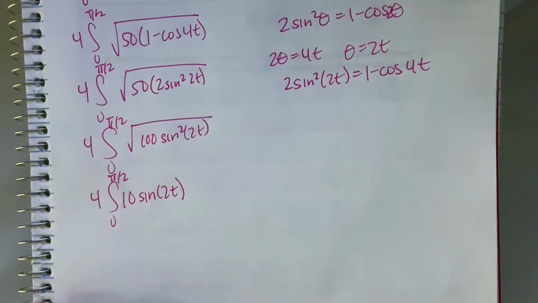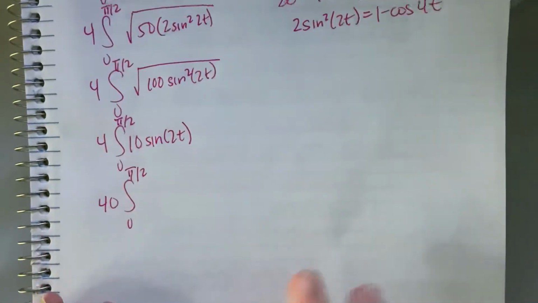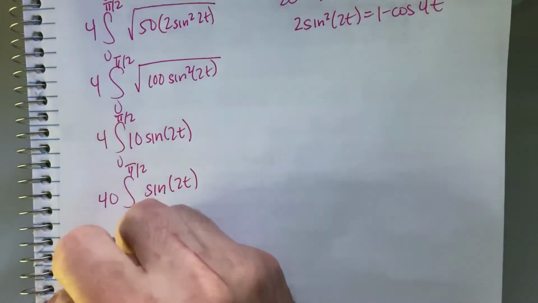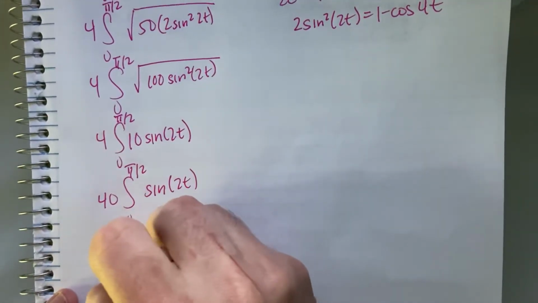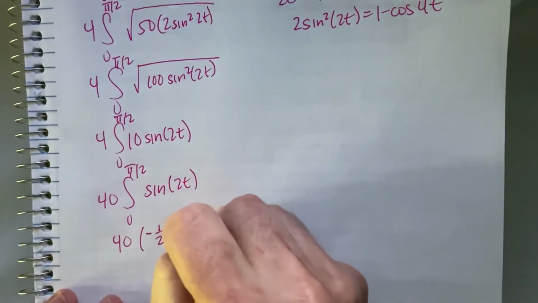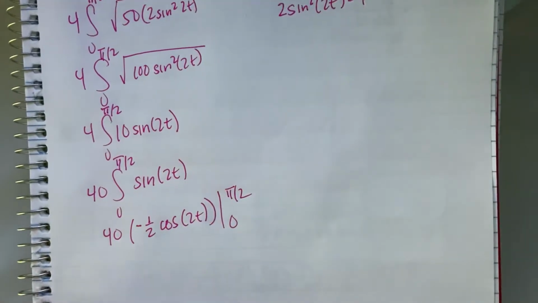We can finally integrate. So this is 40 times the integral from 0 to pi over 2 of sine of 2t. The integral of that should be 40 times negative 1/2 cosine 2t, evaluated from 0 to pi over 2.